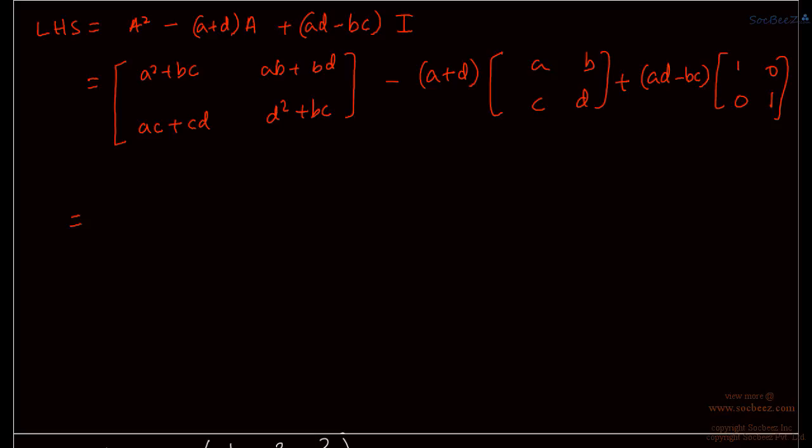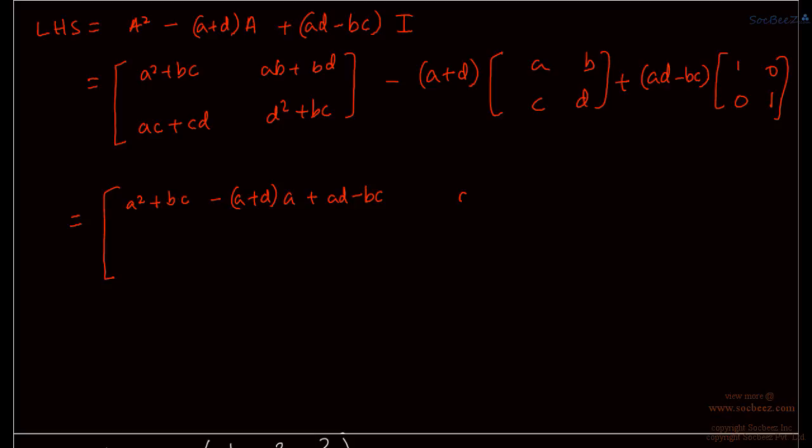So I'll try to write all of these in one step. Follow carefully. For the first element: a² + bc, minus (a + d) into a, and for the last term plus (ad − bc). Right? So this is just the first element of my required matrix.